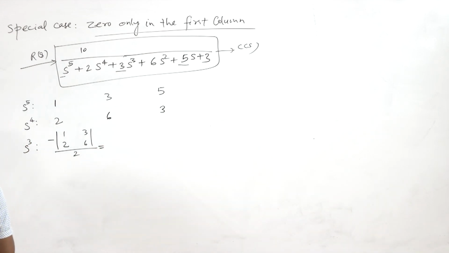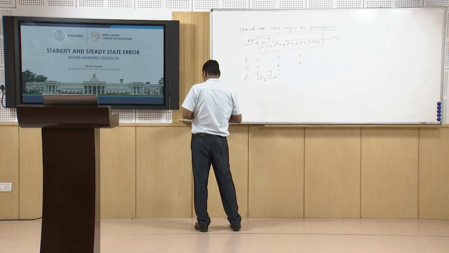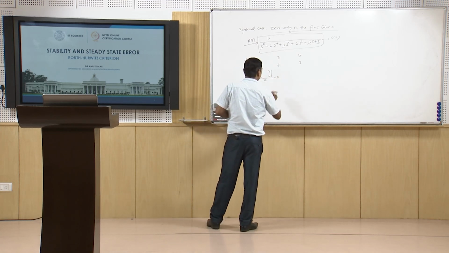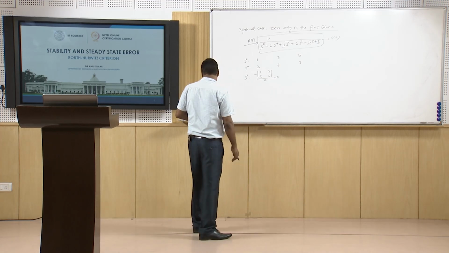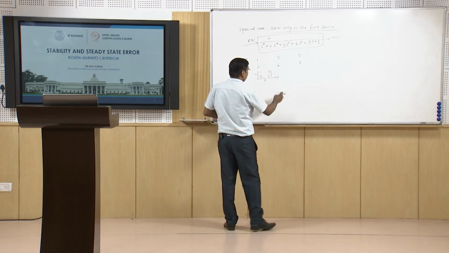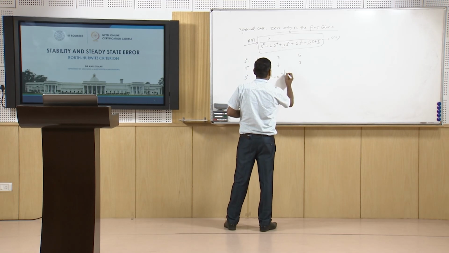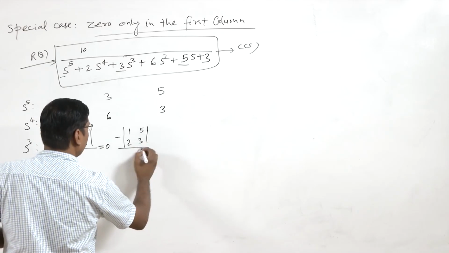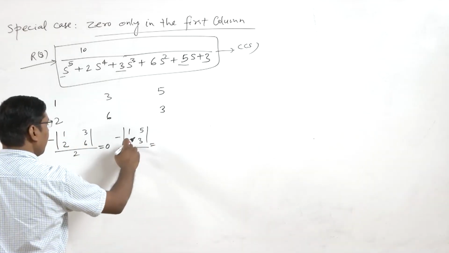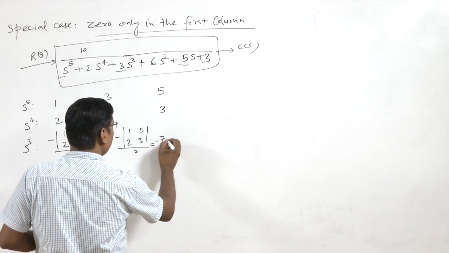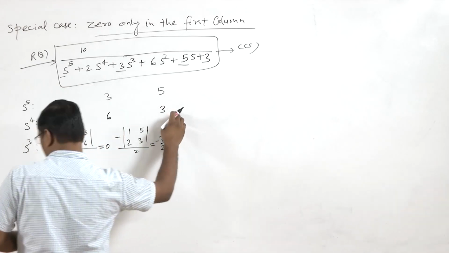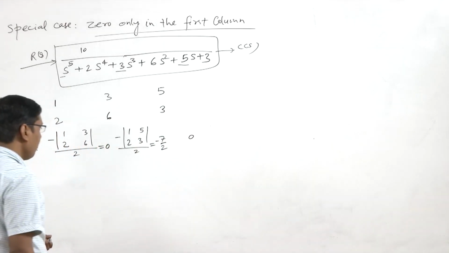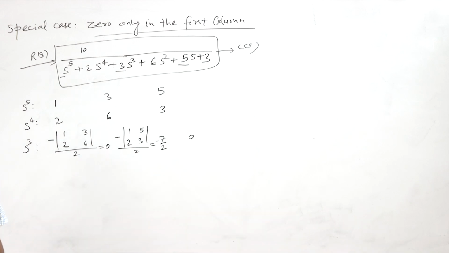When we compute this, we will get 6 minus 6 equal to 0. And this one is minus 1, 2, 5, 3 by 2, equal to 3 minus 10, that is minus 7 by 2, and this one will be 0 because this column is 0. So, here we got 0.